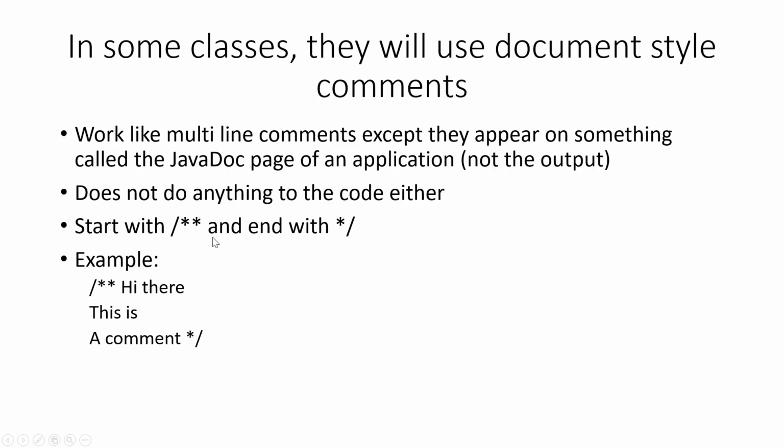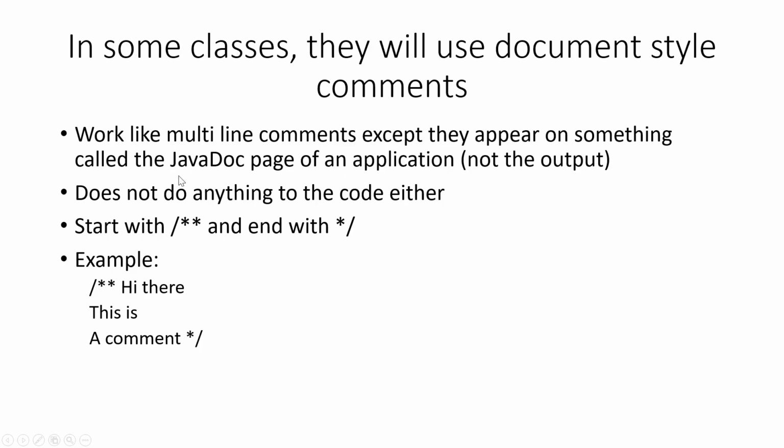And in some computer science A classes, they will use document style comments. They function kind of like multi-line comments, so when you're working with these document style comments, just treat them like multi-line comments. But the thing that differentiates them from multi-line comments is that they appear on something called a Java doc page of an application, and they won't output anything.